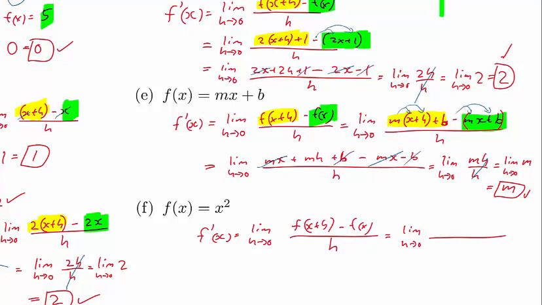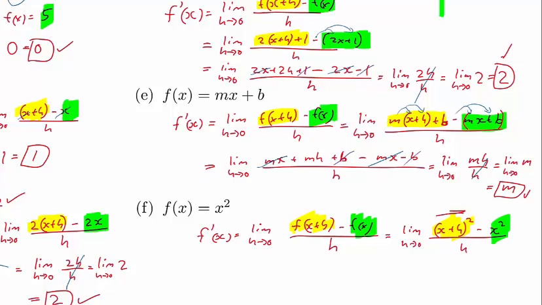And so we have x plus h, quantity squared, minus x squared. And so again, let's go ahead and highlight these so you can see what's going on. Good.